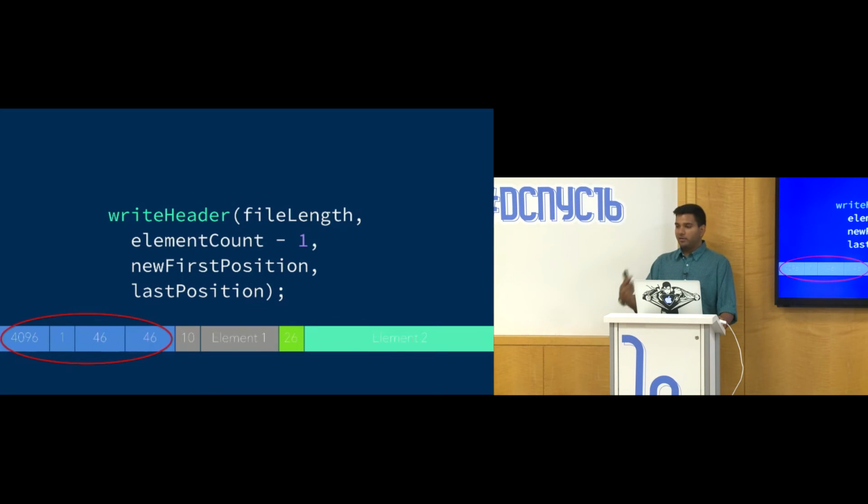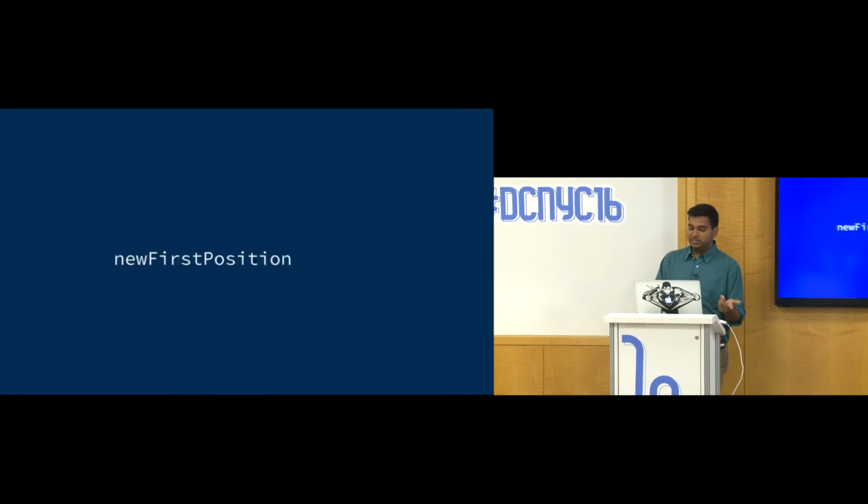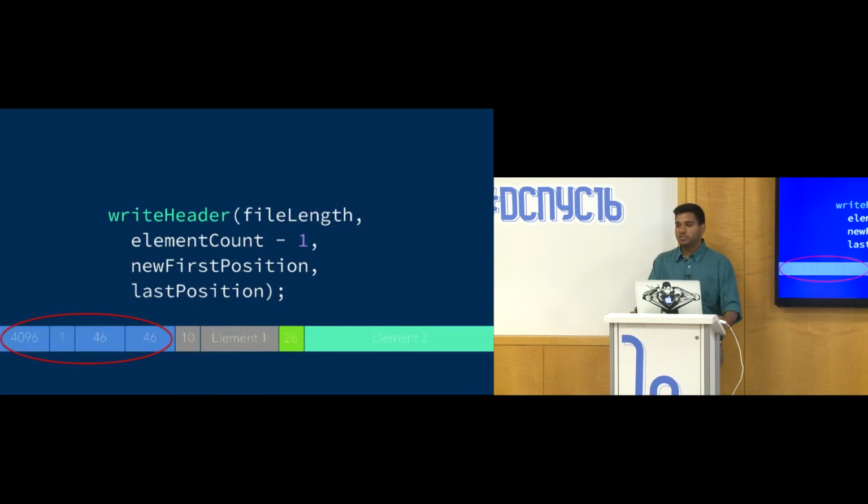And remember, we're calling fsync right after this. So either writing the header fails or it succeeds. If it fails, we're left with the same file as before. If it succeeds, we're left with this new file, which is essentially a QueueFile with only one element.